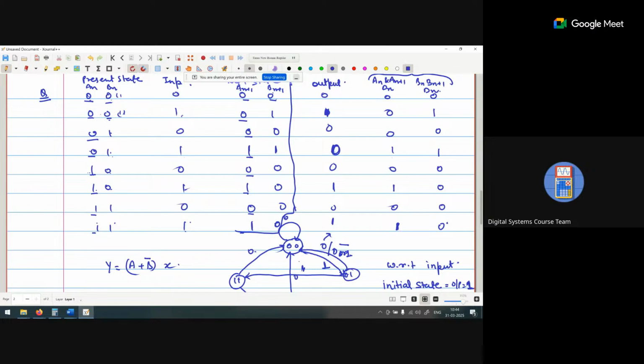Okay, so An and An plus 1 is 1 at this one, and this one. That means this, this. Okay, so this is 0, 1, 1, 0, and 1, 1. So simply, the equation is what?